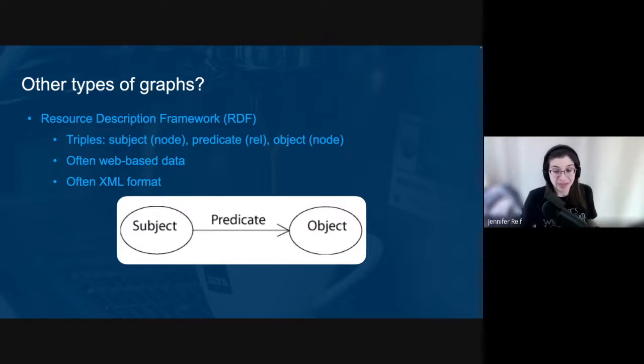It's usually web-based data, and you're often dealing in an XML format, but you're still dealing with that entity-entity relationship, right? So it is a graph. It's just a little bit different from what the property graph model relies upon. And there are ways that you can translate between the two. Neo4j has some plugins and integrations that let you take RDF data and put it into the graph. And I believe you can also extract from the graph and export back out as RDF.